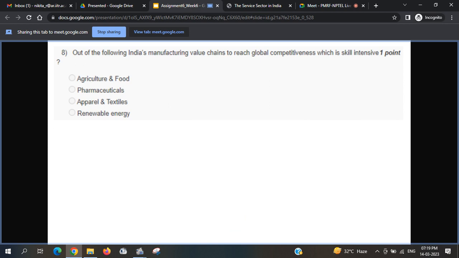Moving on to the next question. Out of the following, India's manufacturing value chains to reach global competitiveness, which is skill intensive? You are given 4 options: agriculture and food, pharmaceuticals, apparel and textiles, and renewable energy.